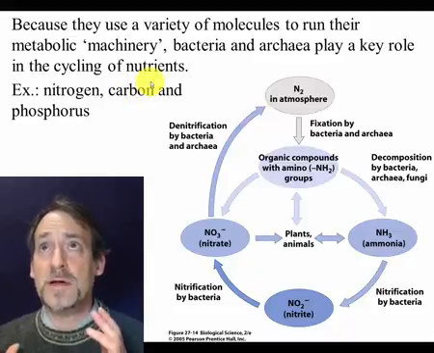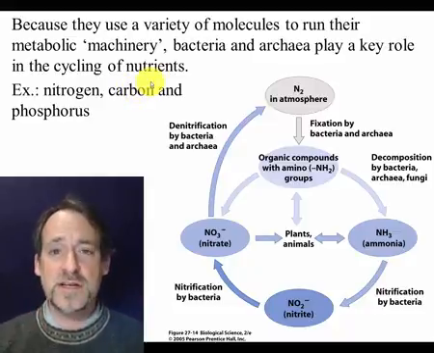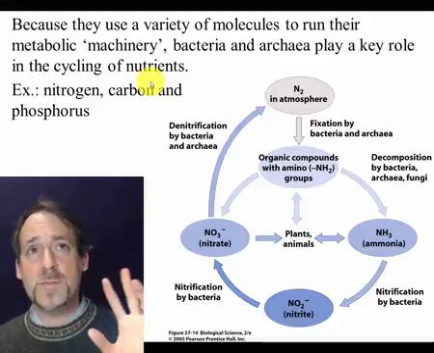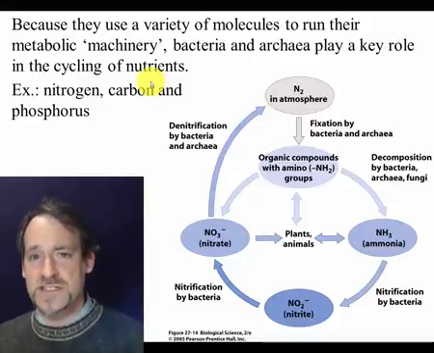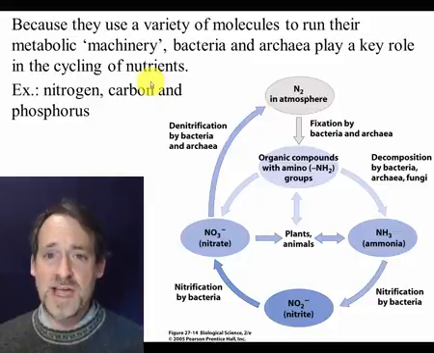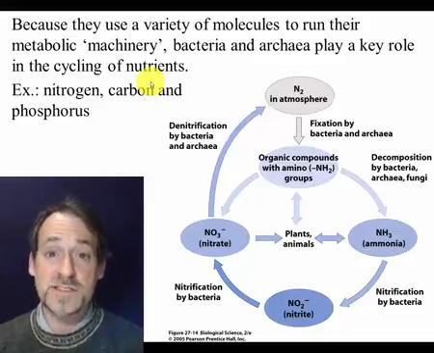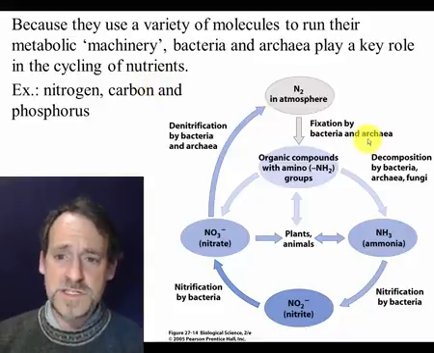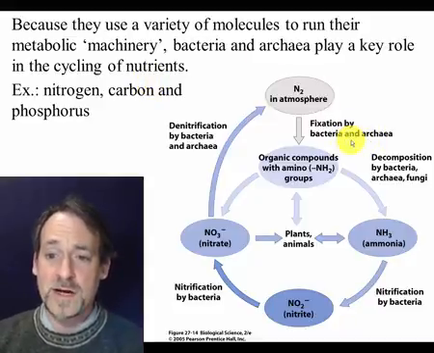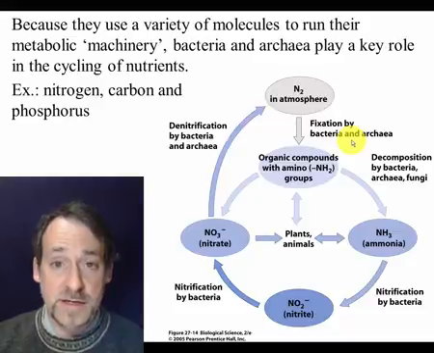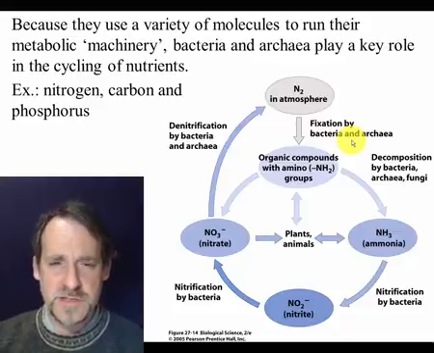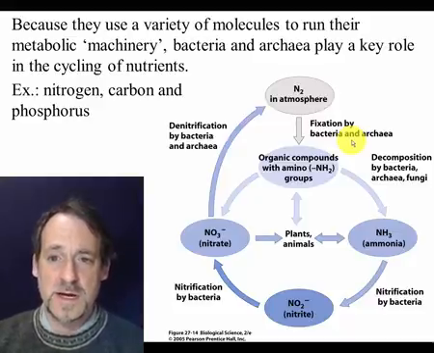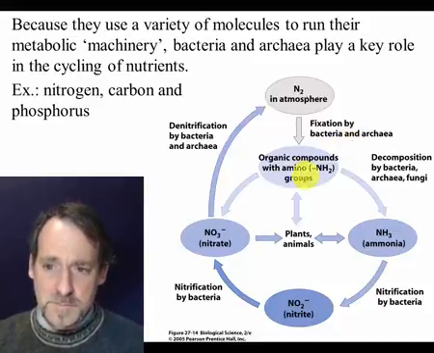Because archaea and bacteria use a tremendous number of electron donors and electron acceptors in their metabolism, they play key parts in the cycling of a lot of nutrients. So for example, we've already heard about nitrogen-fixing bacteria, which play a key role in the nitrogen cycle in terrestrial ecosystems.